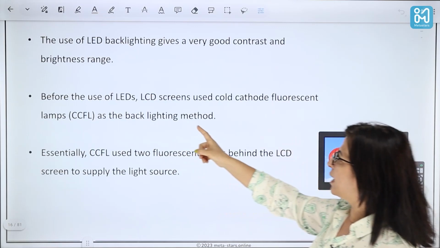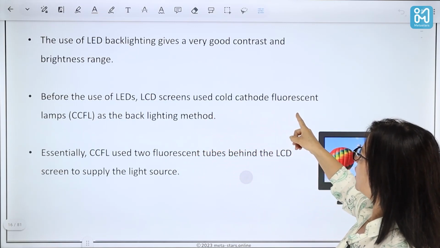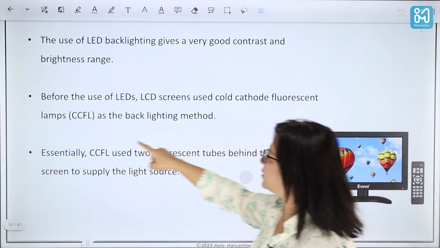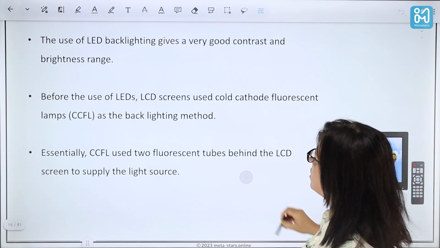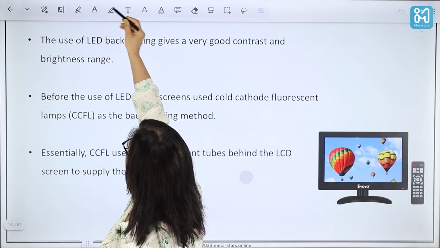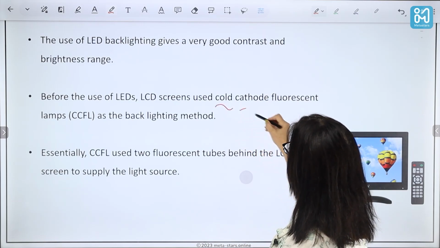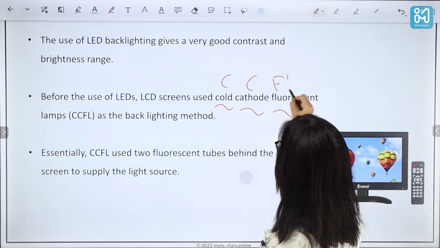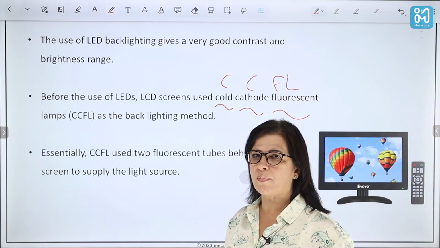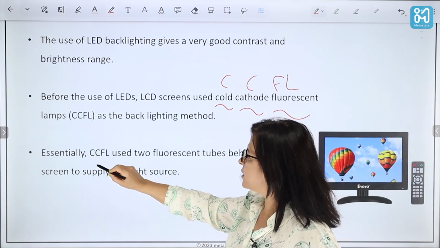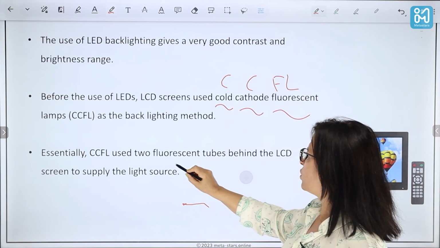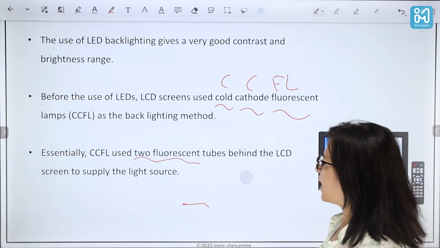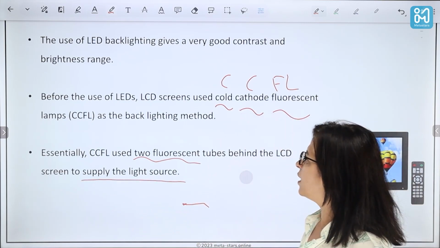So we replaced the fluorescent with LED backlight. Before the use of LED, LCD screens used cold cathode fluorescent lamps. The abbreviation CCFL comes from cold cathode fluorescent lamp, just like the usual fluorescent lamp at your home. Essentially, CCFL used 2 fluorescent tubes behind the LCD screen to supply the light source.